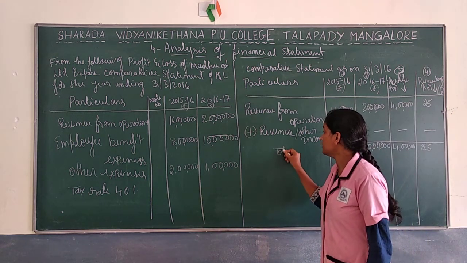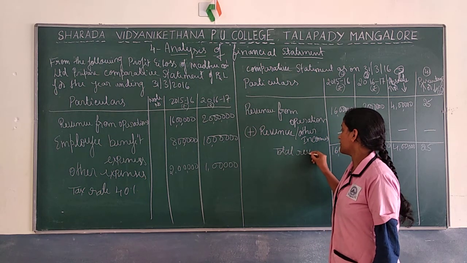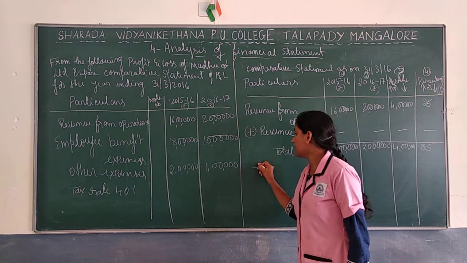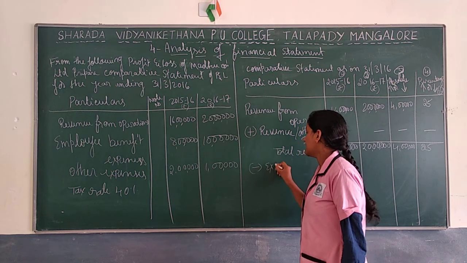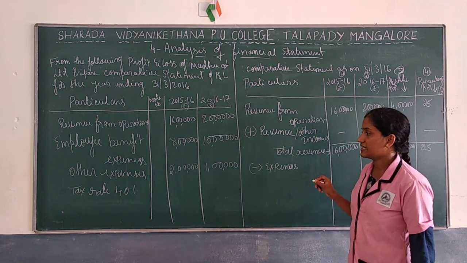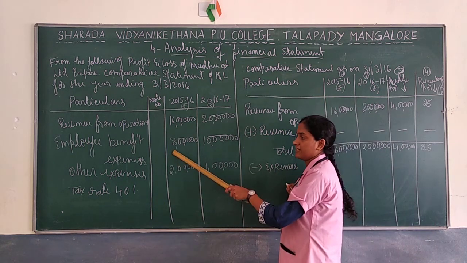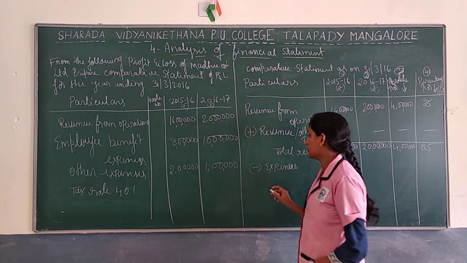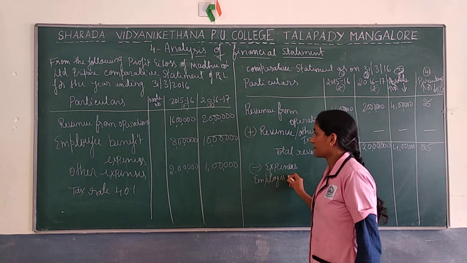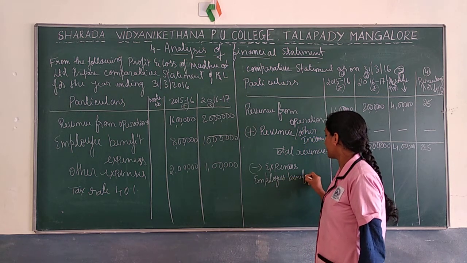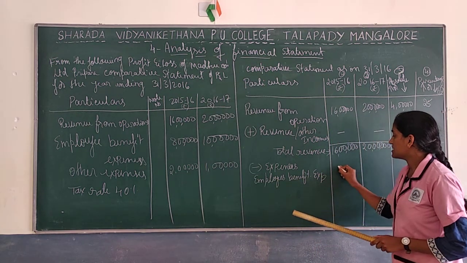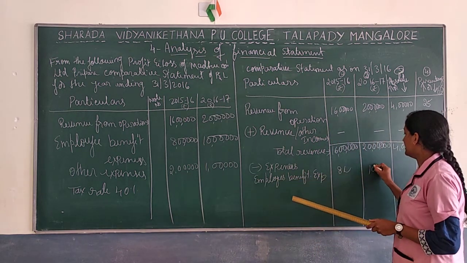Next, employee benefit expenses, which is 8 lakh and 10 lakh.